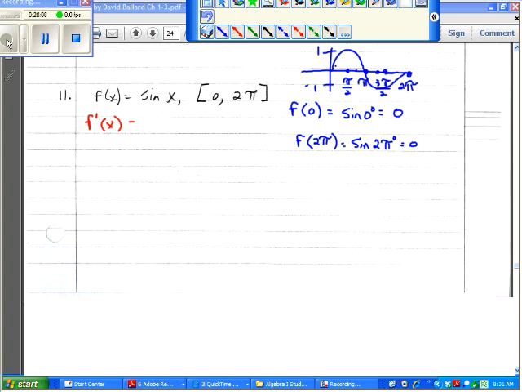So the derivative of sine x is cosine x. And we want to set that equal to 0, so we say cosine of x is equal to 0. And so our question is this: what has a cosine value of 0? Well, the first time is pi over 2.